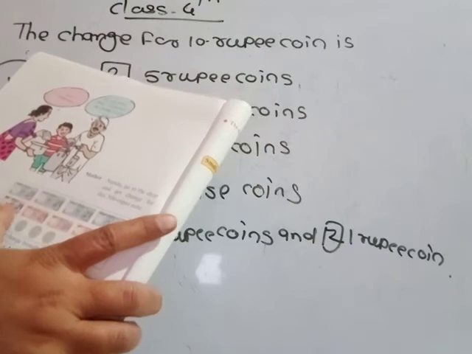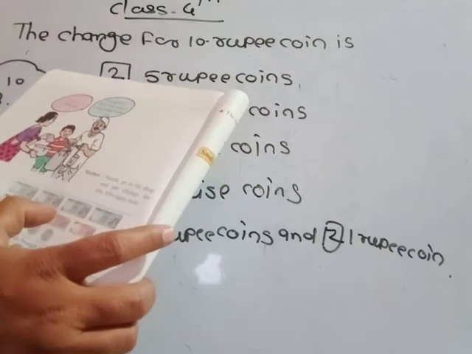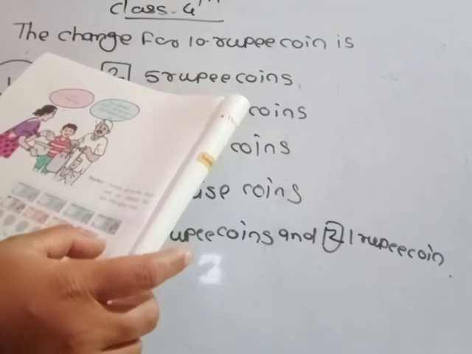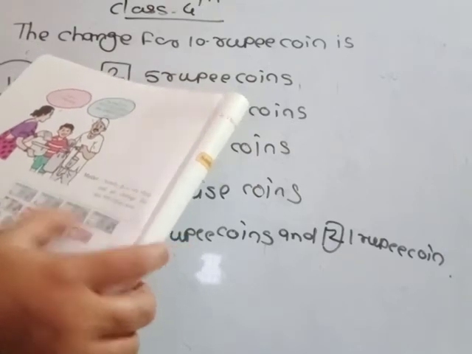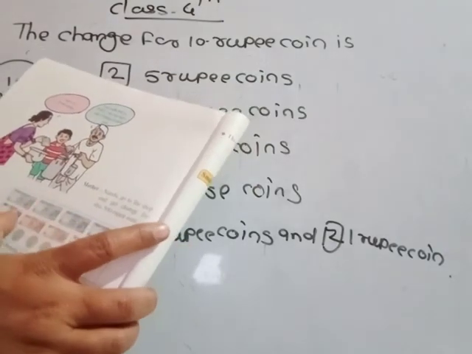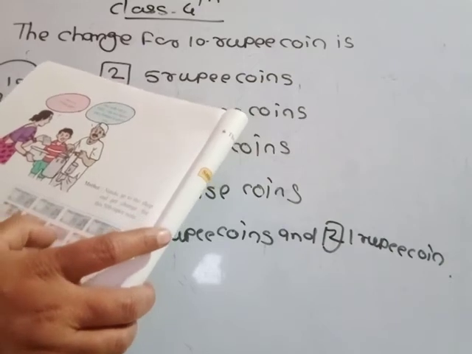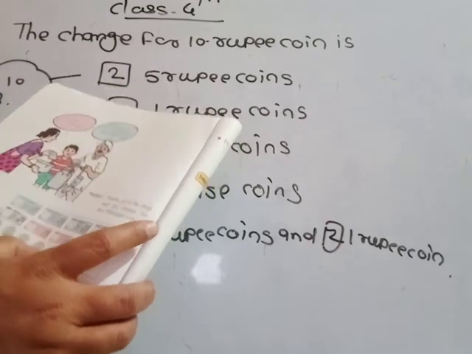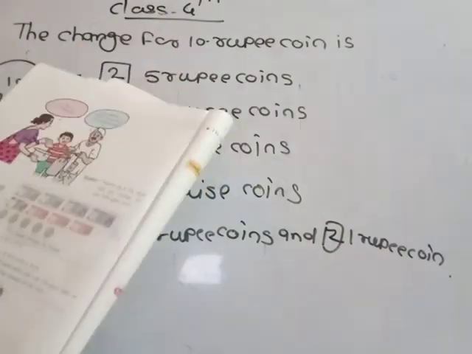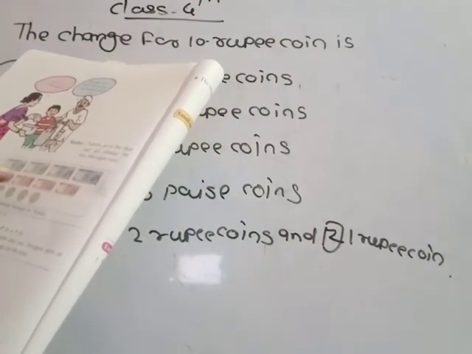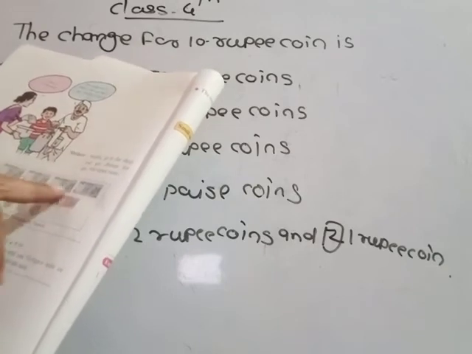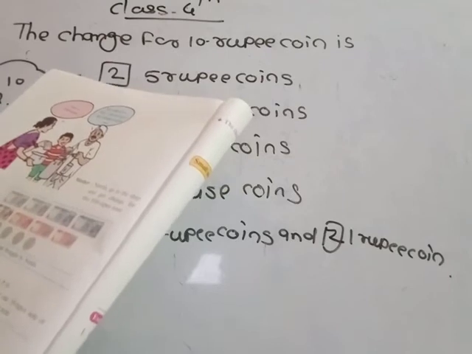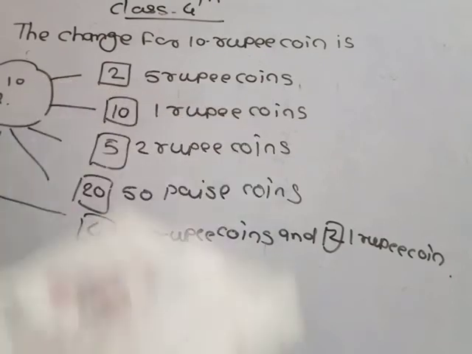This 500 rupees note's change is 4 hundred notes, one 50 note, one 20 note, two 10 rupee notes, and 2 five rupee coins.